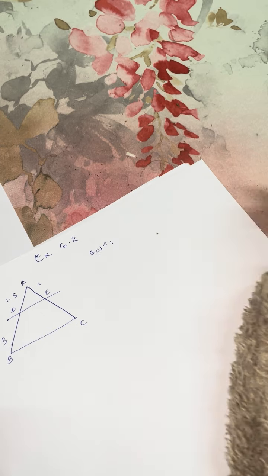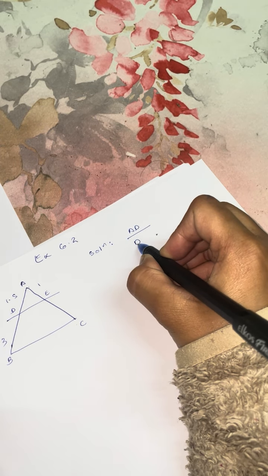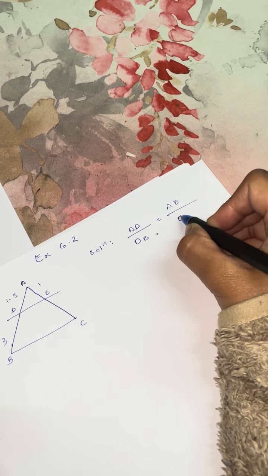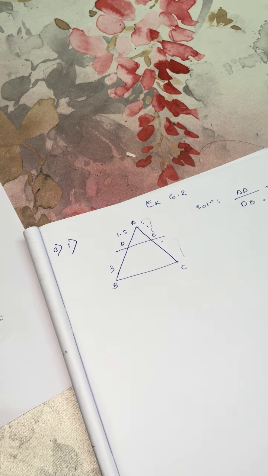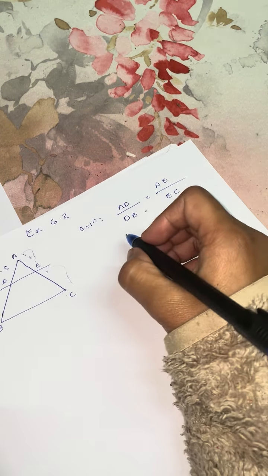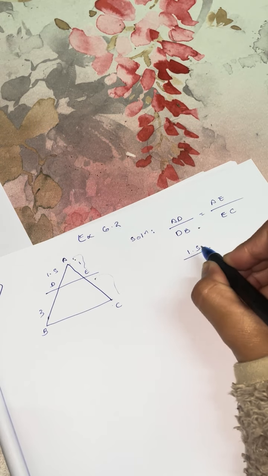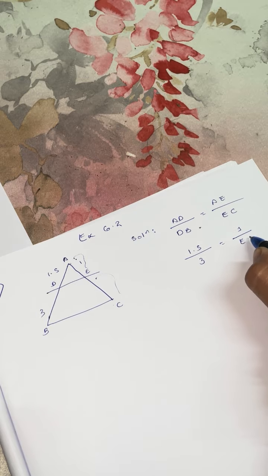Now use BPT. AD over DB equals AE over EC. Remember that, right? They are proportional, that is, in the same ratio. AD is 1.5, DB is 3, and AE is 1, and you have EC.